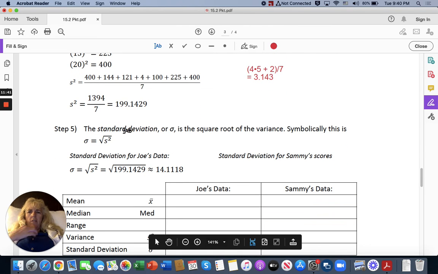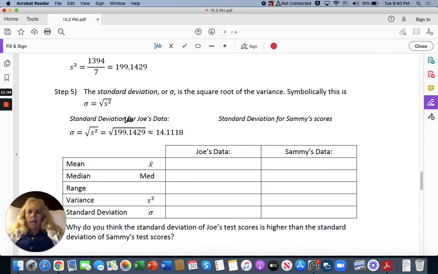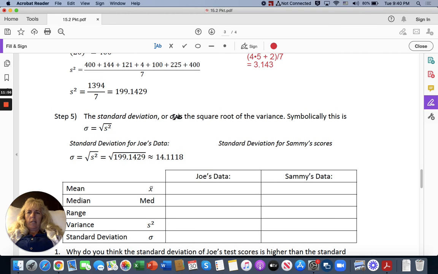So, step 5, the standard deviation, or this symbol, is the square root of the variance. Symbolically, this is the square root of that. Okay. So, standard deviation. For Joe's data, again, it was the square root of s squared is 14.11.